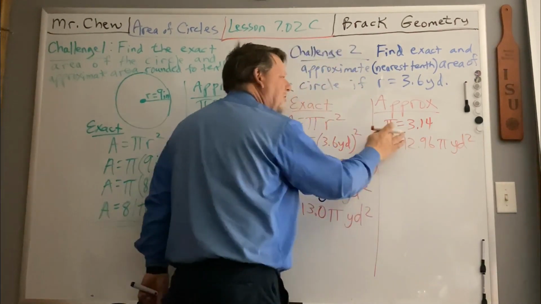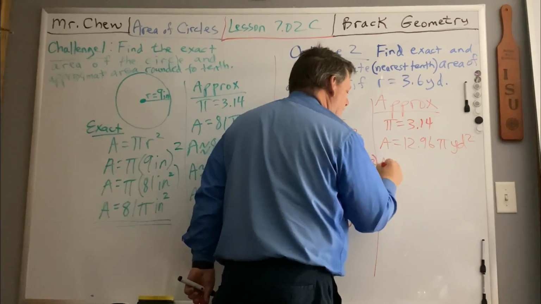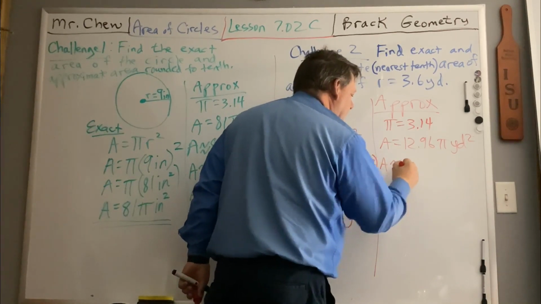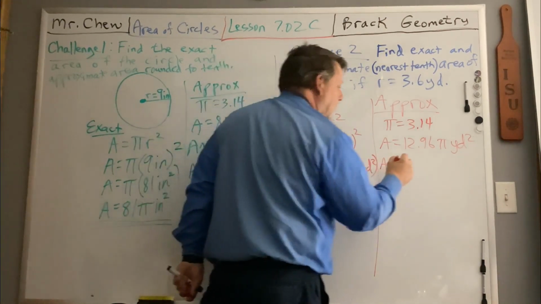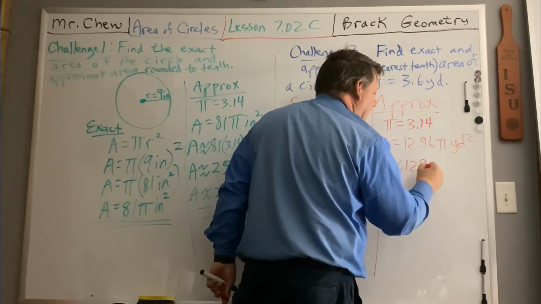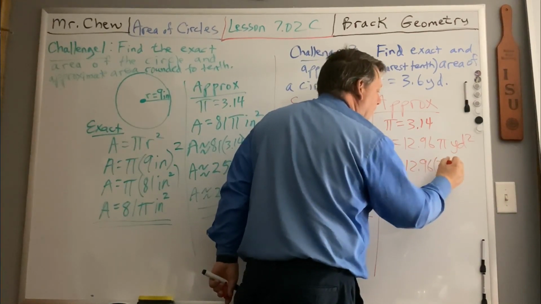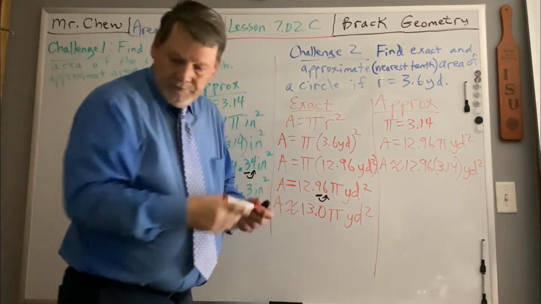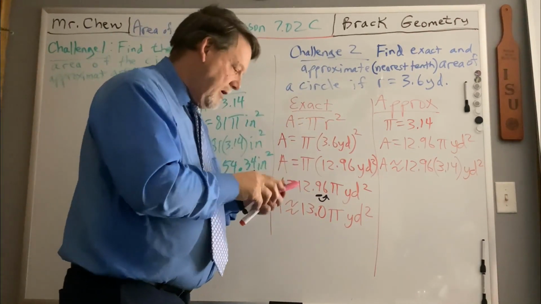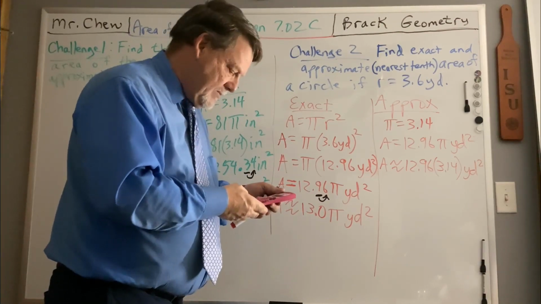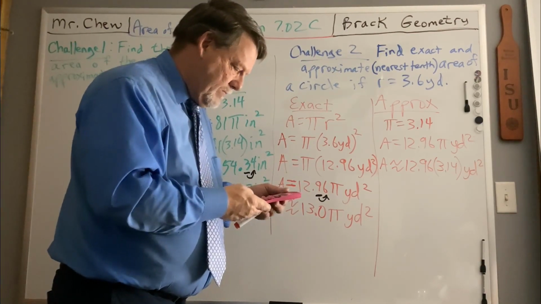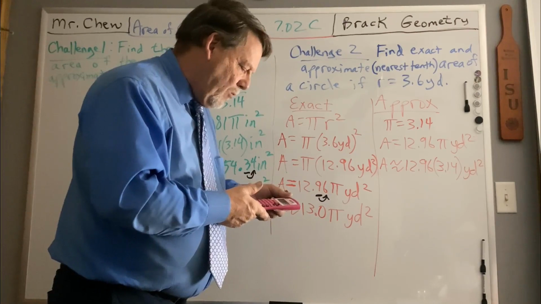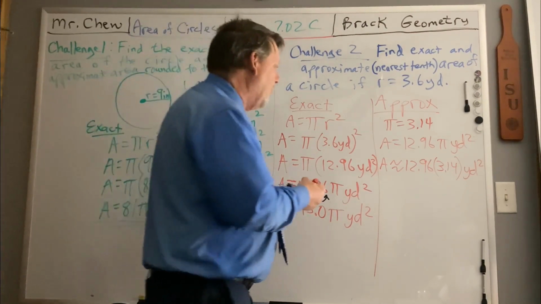And we're going to substitute pi equals 3.14, and now it becomes a tilde. So 12.96 times 3.14 times your yard squared. I take my 12.96 times 3.14, and I get 40.6944.